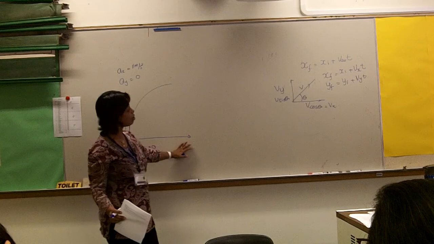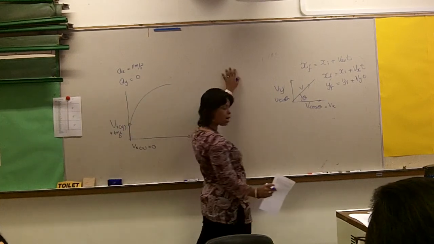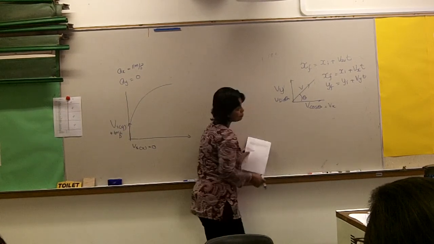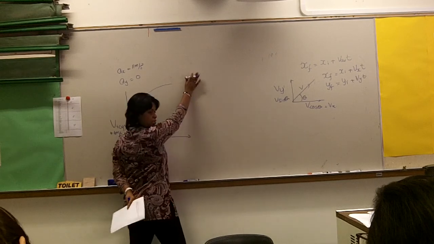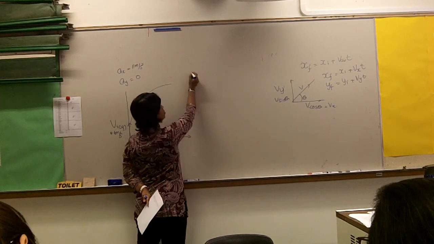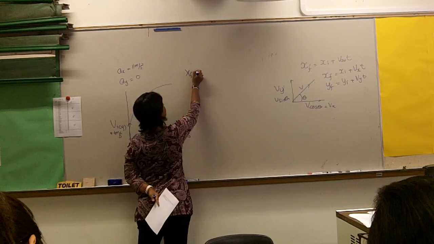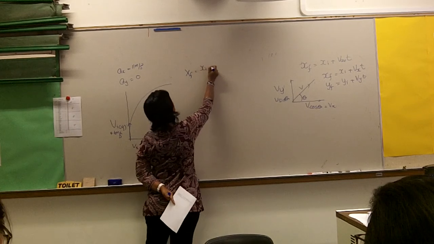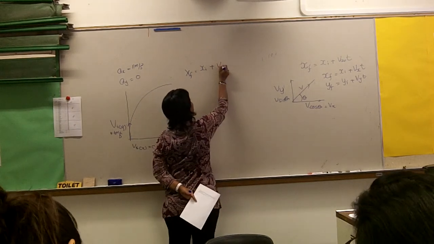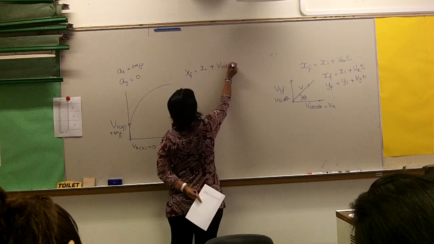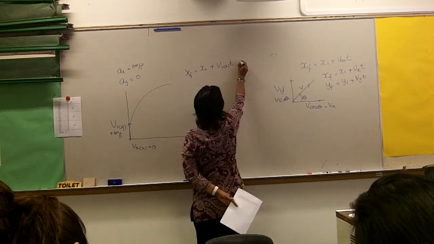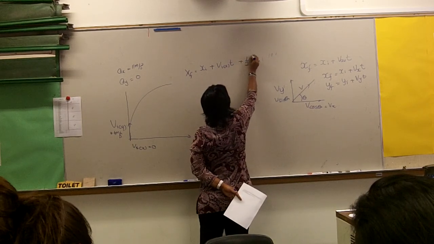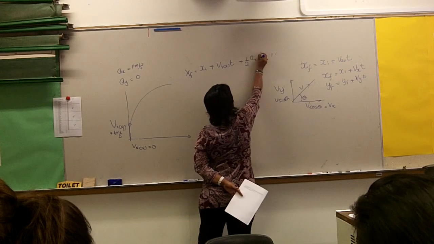So when you are finding this with time, we use the distance and time equation. x final is equal to x initial plus Vix t plus half ax t squared, right?